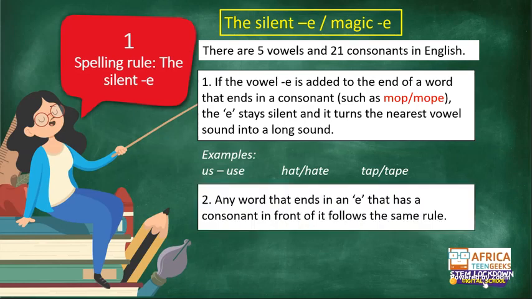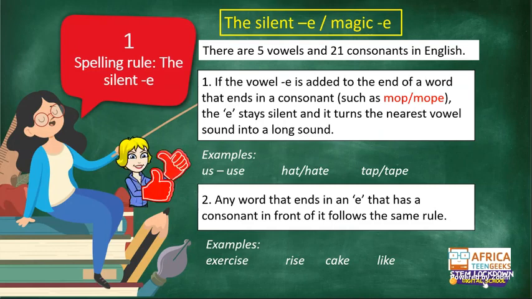If the word already ends in an E and it has a consonant in front of it, it follows the same rule. Like exercise already ends in an E, but that I is pronounced I. Rise, cake, like. Have you all got that? Because this is an important spelling rule. Got it. So now I can test you, right?